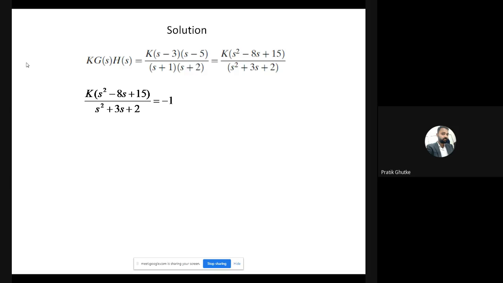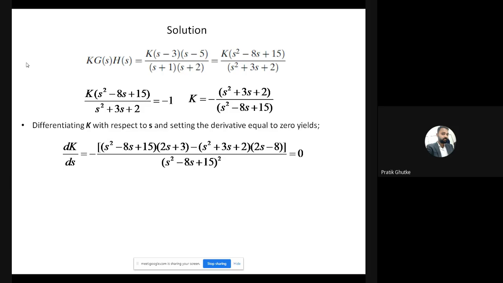So I will solve k with the help of the uv rule. dk by ds equals (s square minus 8s plus 15) times (2s plus 3) minus (s square plus 3s plus 2) times (2s minus 8), divided by... the u derivative of v minus v derivative of u divided by v square. This is the formula of derivative of u by v.